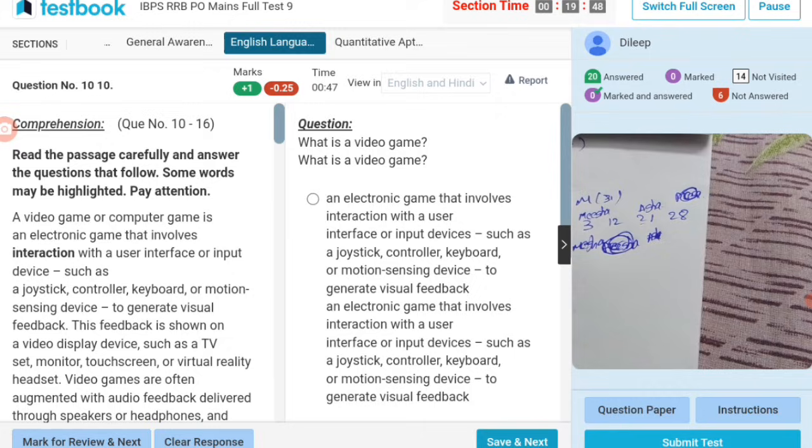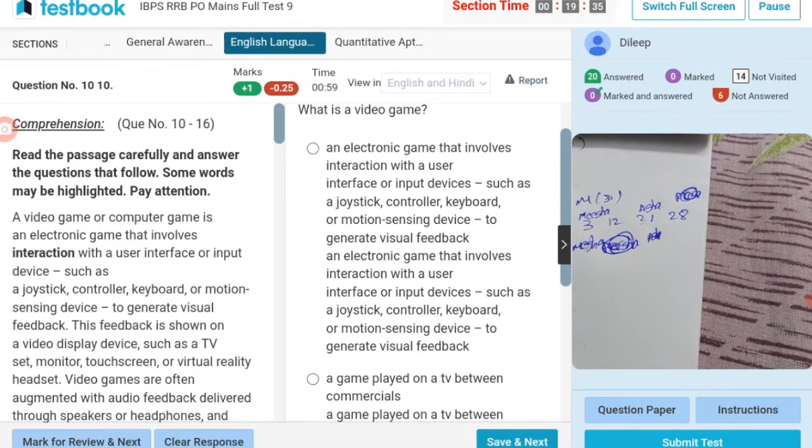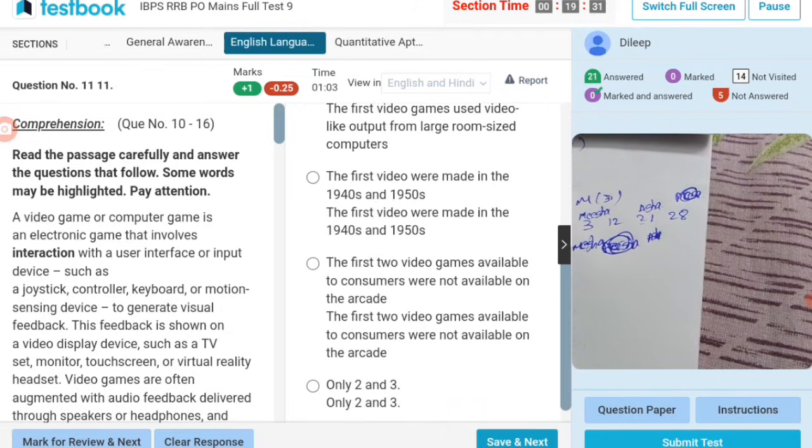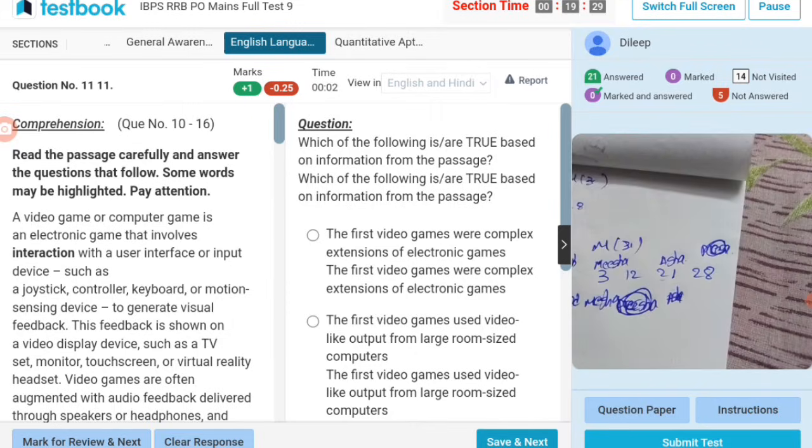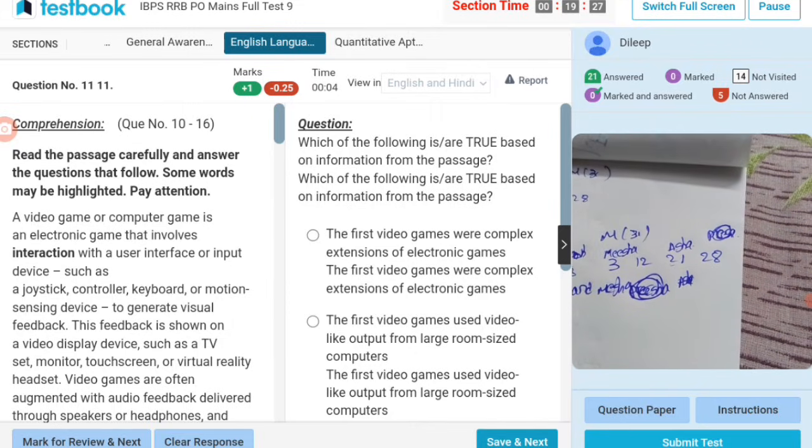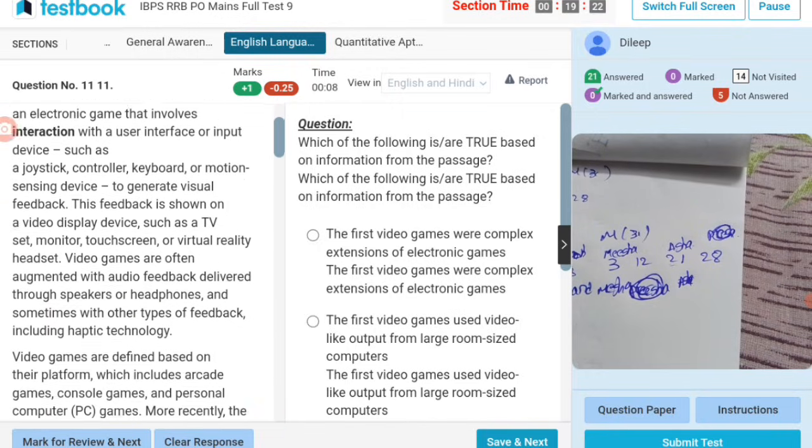So electronic game that involves interaction with the user, to generate visual feedback. Which of the following is true based on the information from the passage? The first video games were complex extensions.